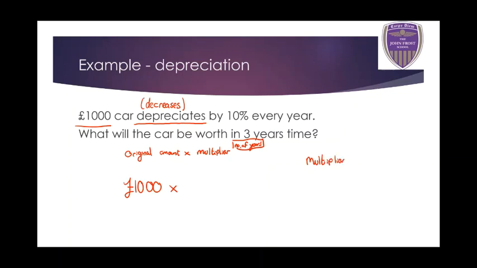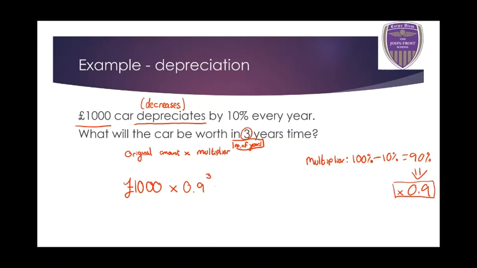Well, it decreases by 10%. So remember, that's going to be 100% take away 10%, and that's going to be 90%. We need to turn this into a decimal. 90 divided by 100 is 0.9. So this is our multiplier of 0.9. So £1,000 times by 0.9, and this is asking us for 3 years' time.